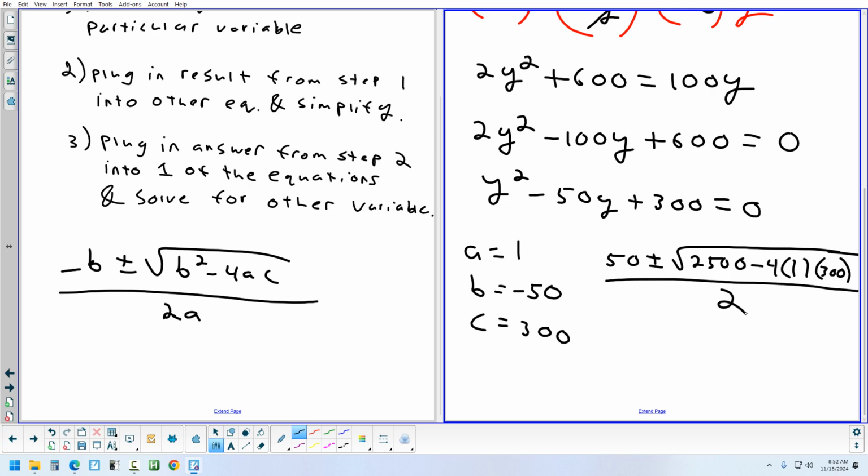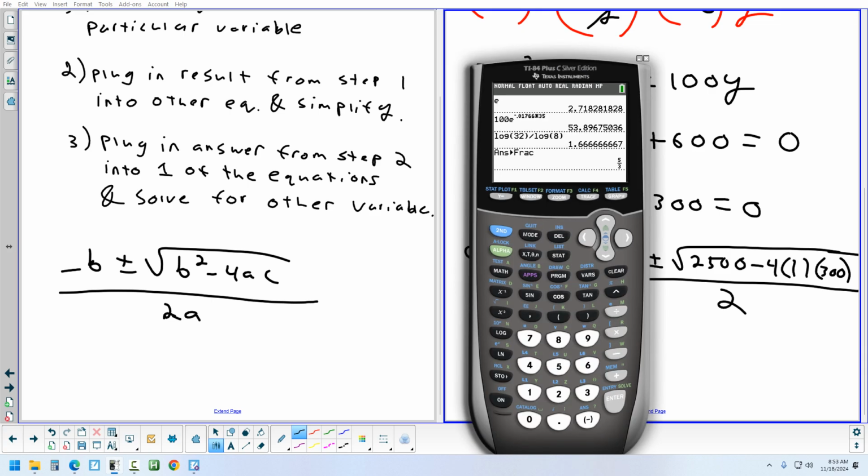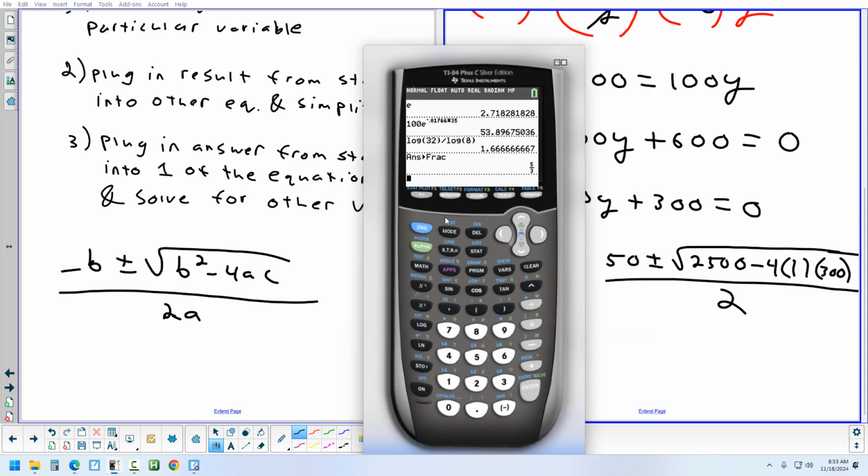All right. So now we'll just type that in and round it off, see what we get. Okay, and remember, this is the answer for which letter are we solving for? Y. Yeah, solving for the y. All right, so let's put that in.